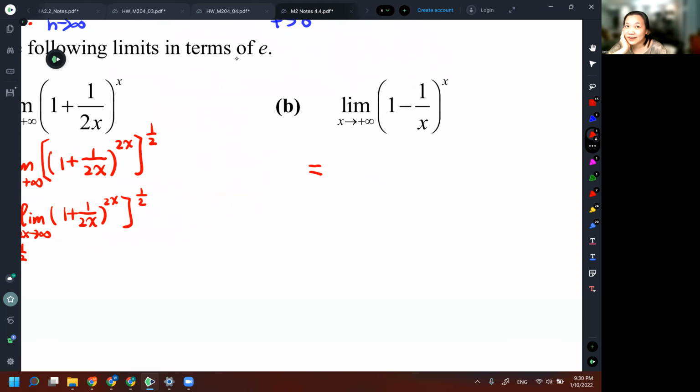I'm afraid that if I use this method, you may find something wrong. You see, I changed the sign. If the sign is plus, then it's equal to e for sure, right? If this is minus, is it still equal to e? It really is. But I hope that in the future, you can just say this is equal to e. If I figure out this is equal to e, I hope that in the future, you can just use it. But I don't think it's equal to e though.